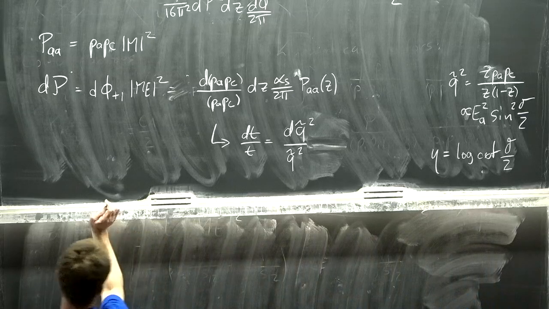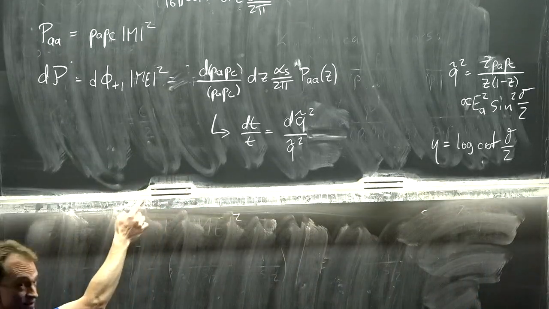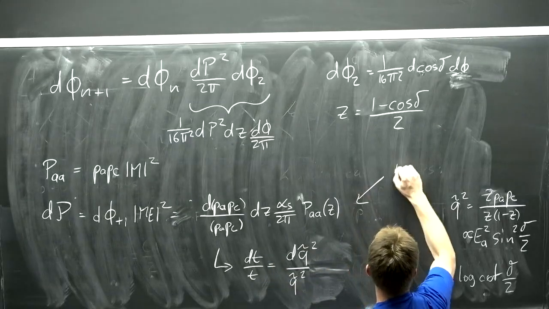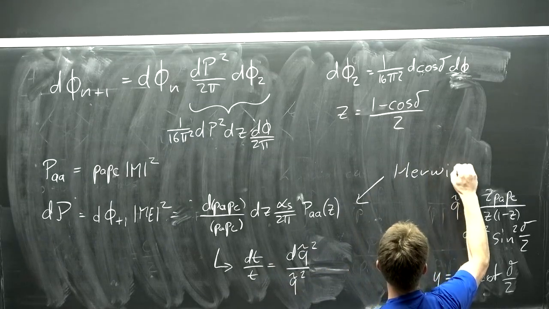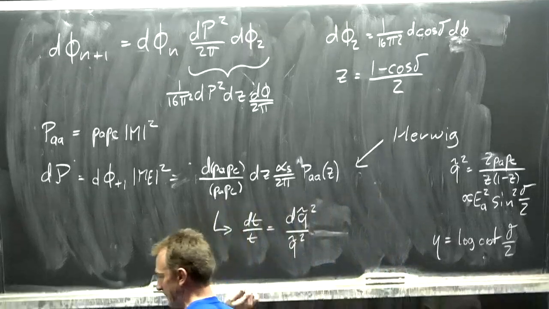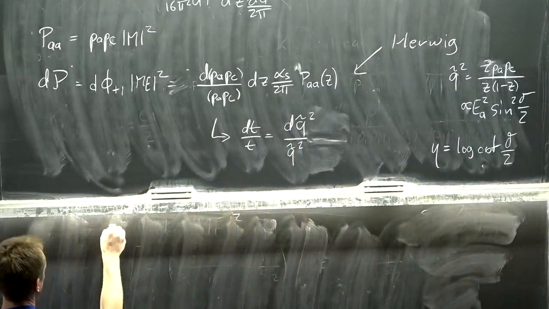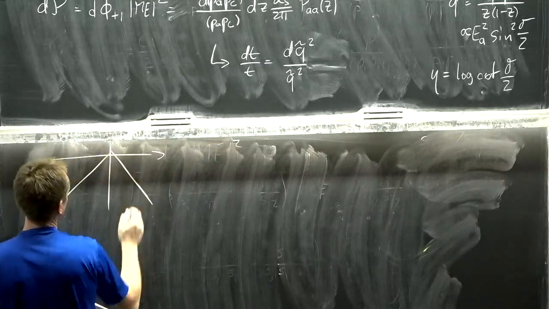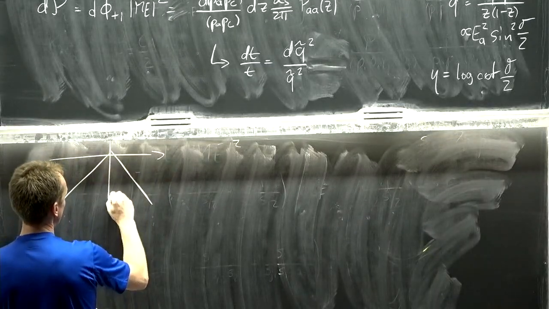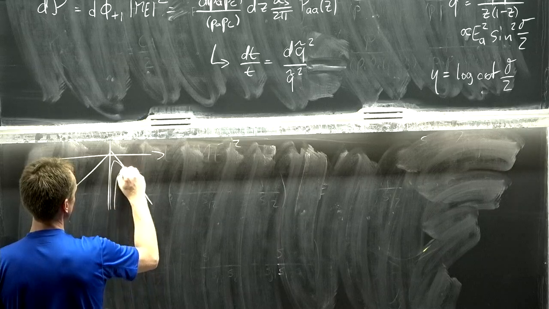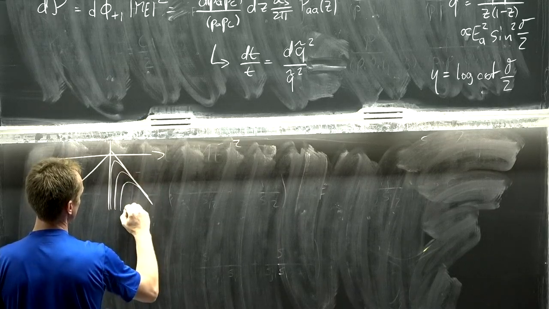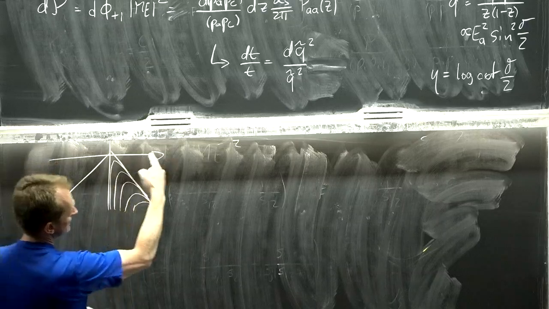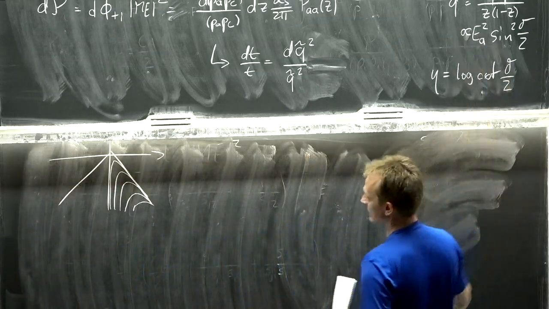So what happens with an angular ordered parton shower, which is what this is? When you see this, think Herwig. You have the Lund plane, and Herwig will fill the Lund plane from the center to the edges with artifacts that are due to the fact that this is not exactly an angle, okay?